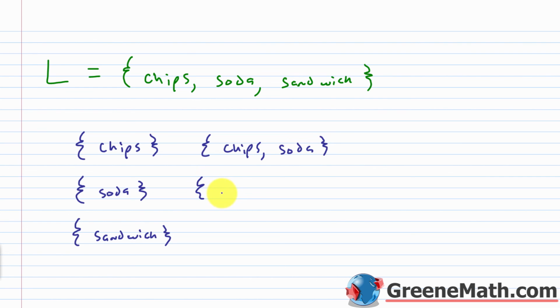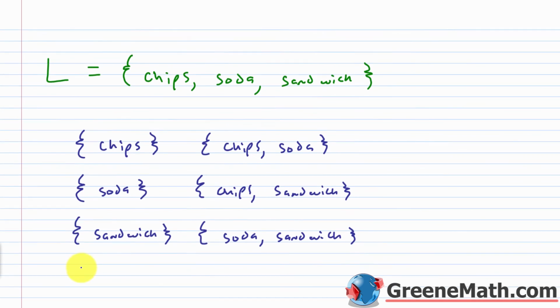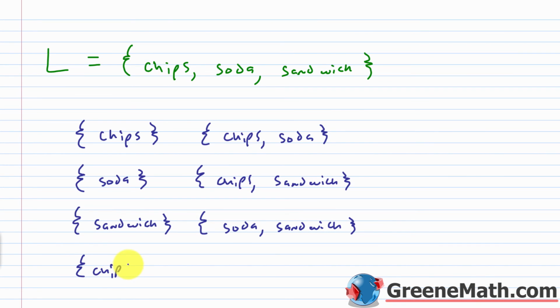I could take out chips and a sandwich. I could take out a soda and a sandwich. And then I could take out all 3 if I wanted to: the chips, the soda, and the sandwich.